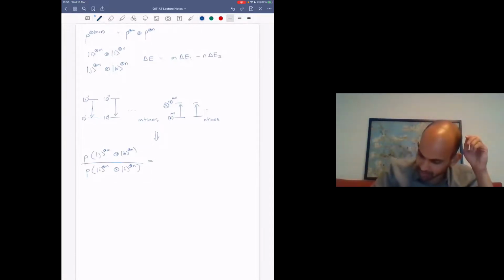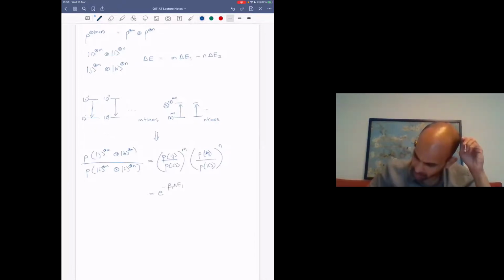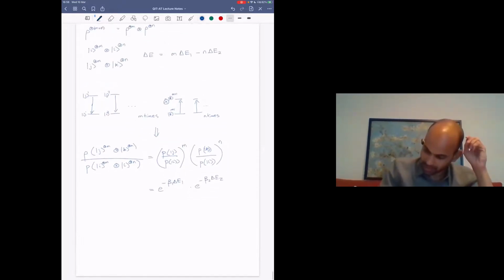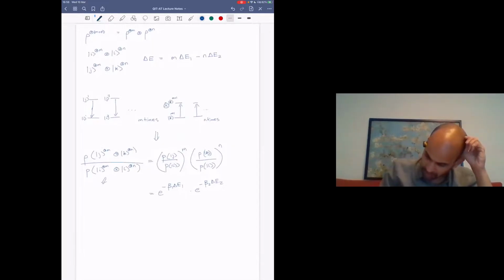So this splits up into the Gibbs ratios, Pj upon Pi to the power M, Pk upon Pl to the power N. And this we already know is e to the minus beta 1 delta E1, e to the minus beta 2 delta E2. But by the definition of the virtual temperature, this is e to the minus beta virtual times the delta E of the final thing.